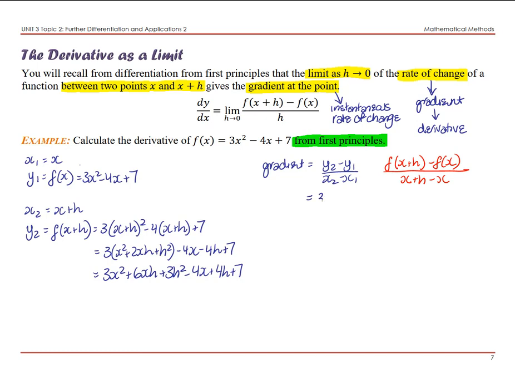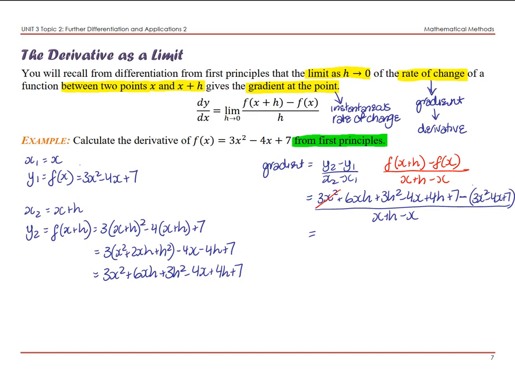So I've got 3x squared plus 6xh plus 3h squared minus 4x plus 4h plus 7, minus (3x squared minus 4x plus 7), all over x plus h minus x.